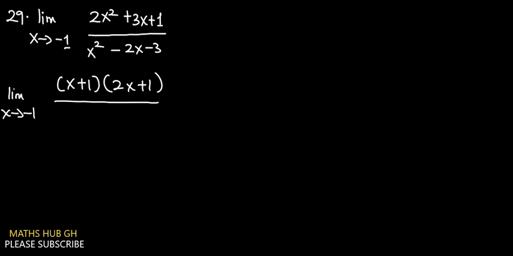Now let's focus on the denominator. For the denominator we have x squared minus 2x minus 3. Let's look at how you're going to do the factorization. You're going to find two numbers that you can multiply to get minus 3 and add to get minus 2. Those two numbers are 1 and minus 3.